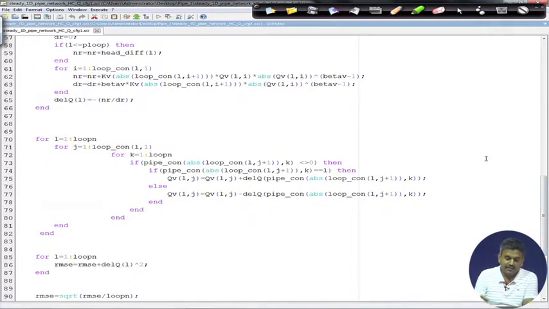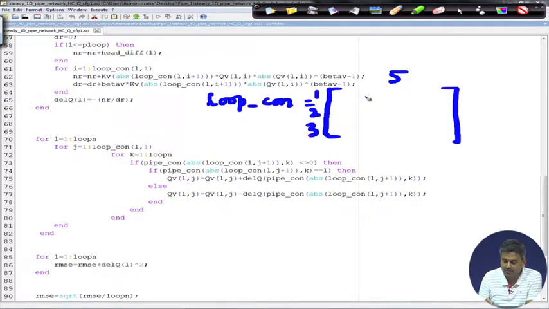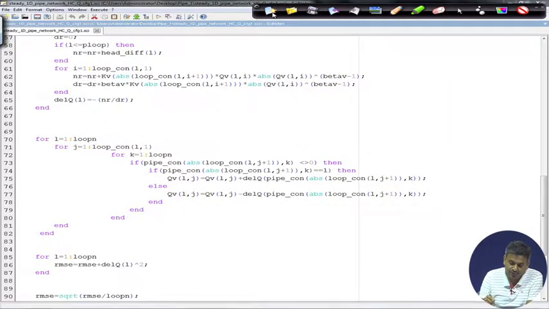So, let us start with the information with the loop connectivity. So, 3 rows. L equals 1 to loop number, so 1, 2, 3. For each loop we can start, and I can iterate from j equals 1 to loop connectivity L1.